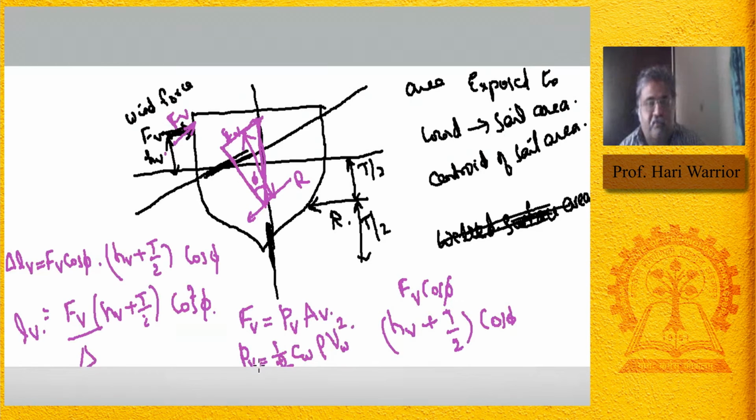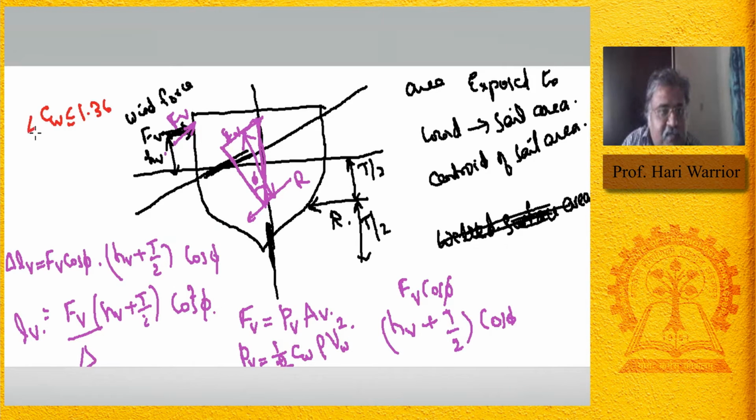So usually we calculate the pressure due to the wind. Pressure due to the wind is given as half Cw rho Vw squared, where Vw is the velocity of the wind, rho is the density of air. CW is a constant which has a value between 1.0 and 1.36.